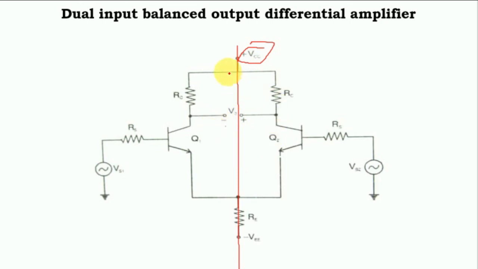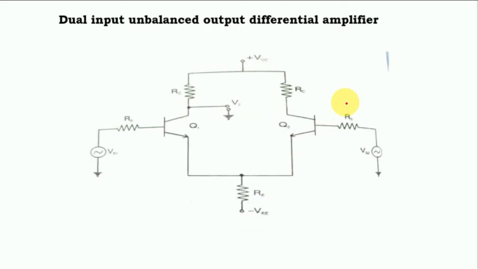So this is called balanced, and in the next configuration you can see that we are using only one input. So this is not called balanced, it is called unbalanced. See, there is only one voltage we are taking, that's why we can say that only one amplifier configuration is considered over here.